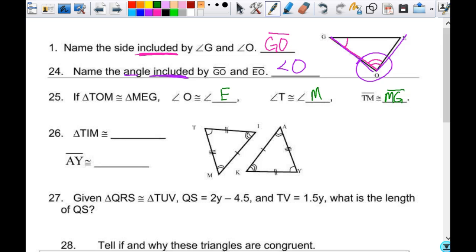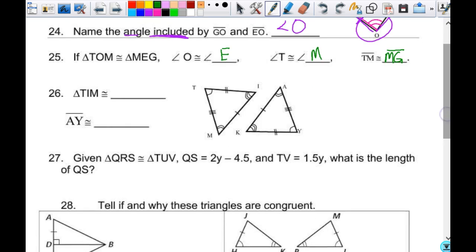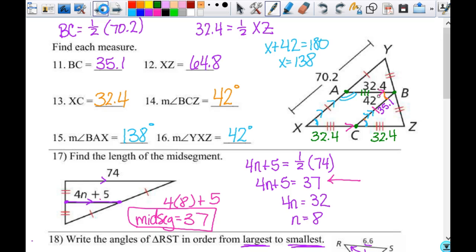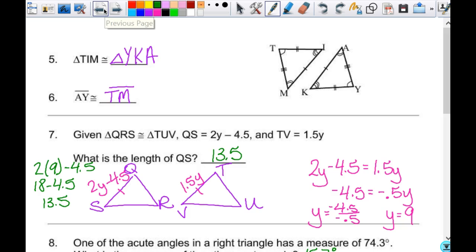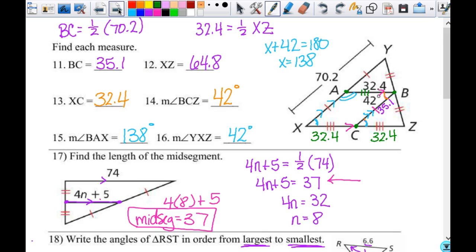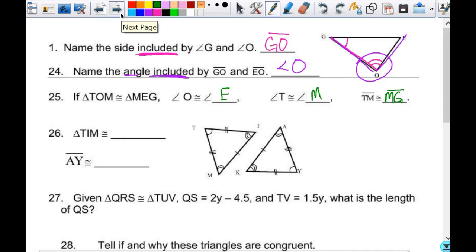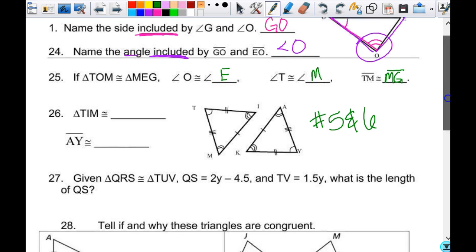And I just realized that I just did these two questions, I'm pretty sure. I'm sure I did those last period, which tells me they're on a different part of the review. Let me go back and double check myself here. I'm not going to do them again. Yeah. Okay, so this right here, 5 and 6, is the same as 26. So you can see number 5 and 6. Not that they're hard, it's just still not going to do them again.